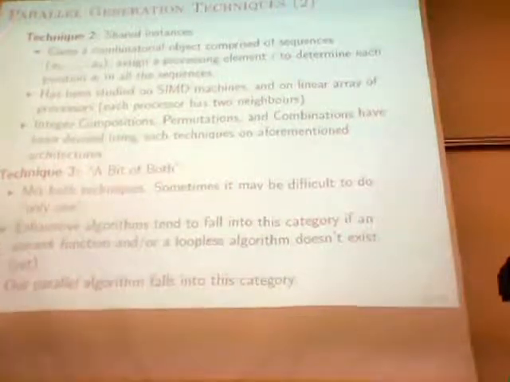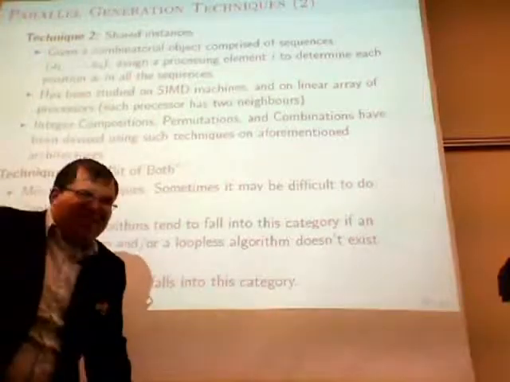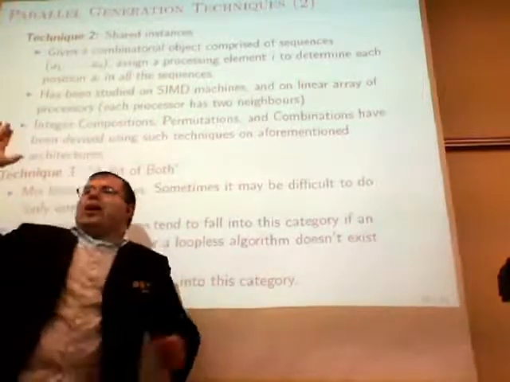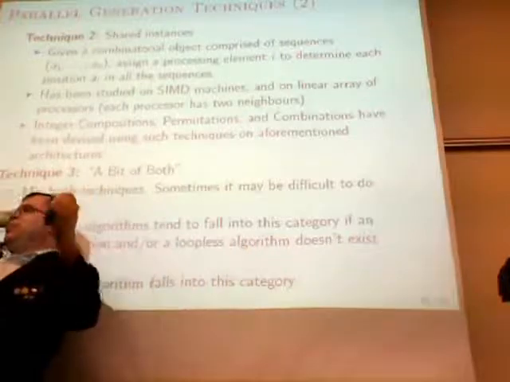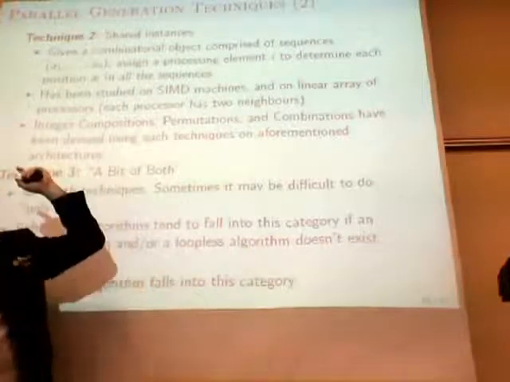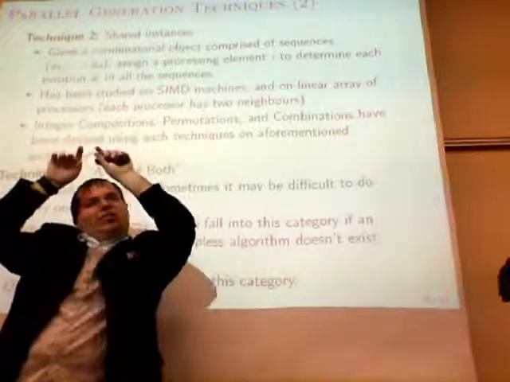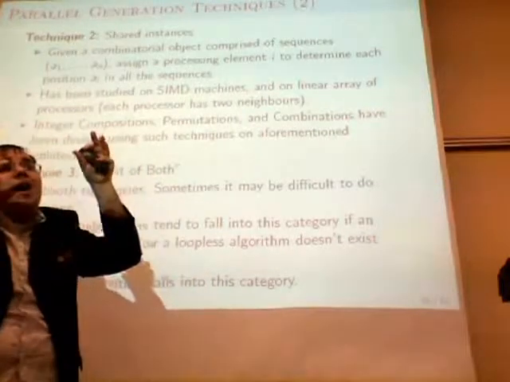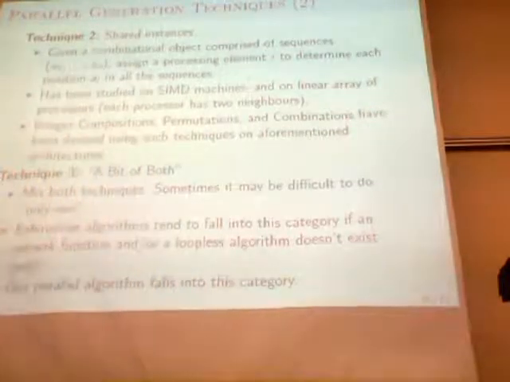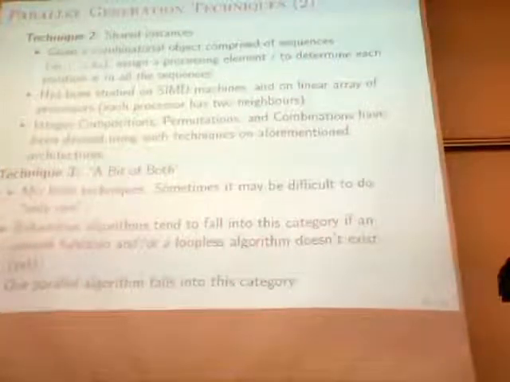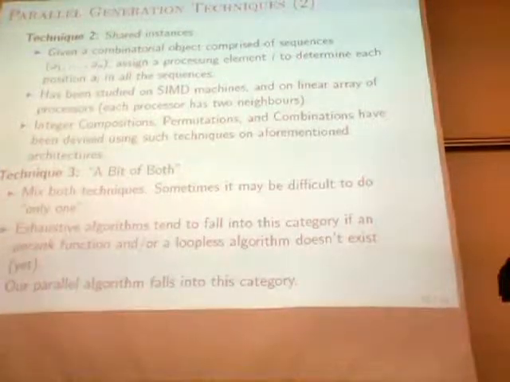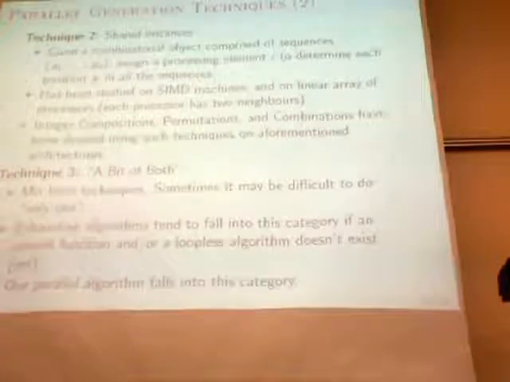Say if this were my integer composition example, because each one's length n, I would just say, okay, processing element 1's in charge of positions 1, 2, 3, and maybe processing element 2 is in charge of 4, 5. The key thing here is now the processors are in charge of building parts of the object, not each piece of the object itself.